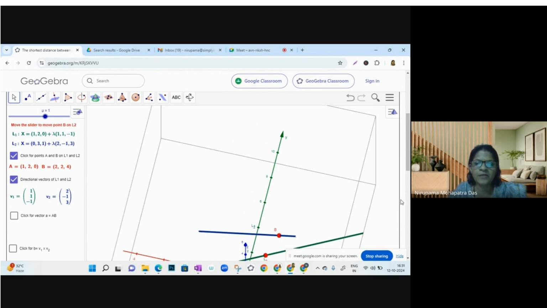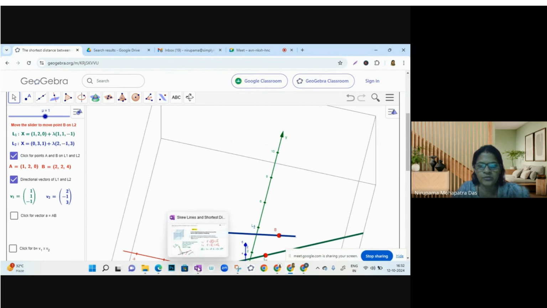But unless we check it, we can't say whether two lines are skew or intersecting. In general, we take the vector equation of the line as r equal to vector A plus lambda times vector B, and similarly L2 as r equal to A2 plus mu times B2.